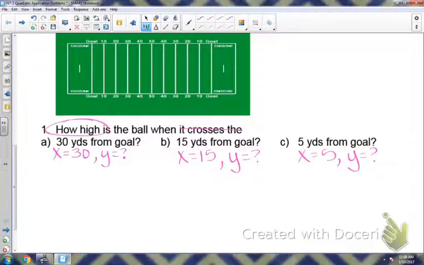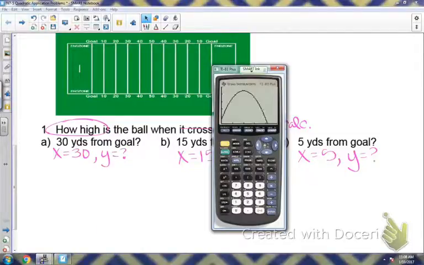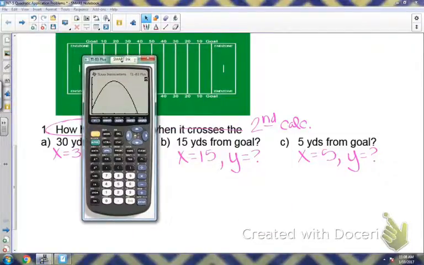Okay, so there's several different ways of doing this. You could go to your table on your calculator and see if you can find it there, but there's also another way that you can do it. We're going to do second calc or intersect. So if you turn your calculator on there, so second calc or trace.